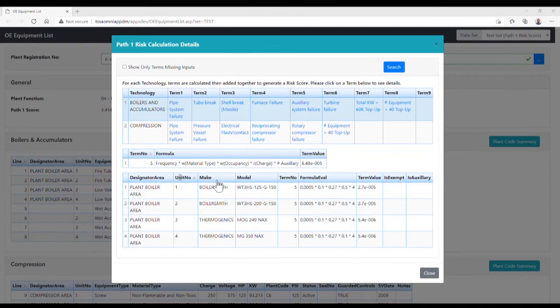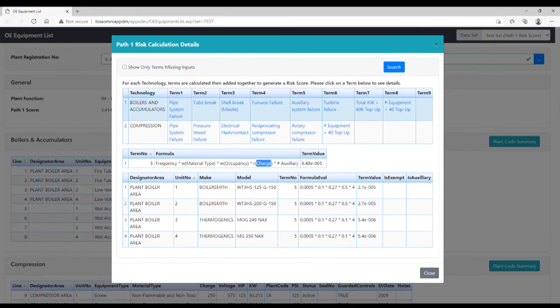It's just you have 4 boilers and you have 4 accumulators. Well, that adds to the complexity of the situation. So if you look at table 2 for auxiliary system failure, we have a term for working fluid or material type, a term for occupancy, and a term for charge.